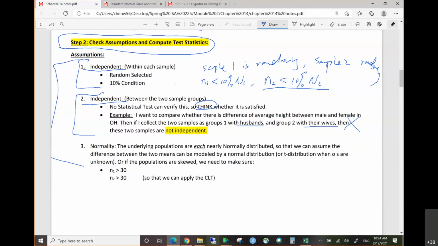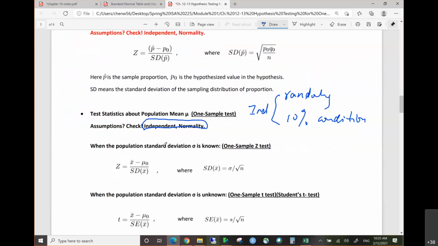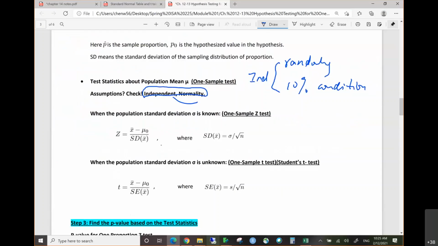All right, so similarly, once we check the independence, we check the normality, right? So remember, for the one sample test, what do we want to test for the normality? Testing about the mean, we want to check whether the sample size is larger than or equal to 30.